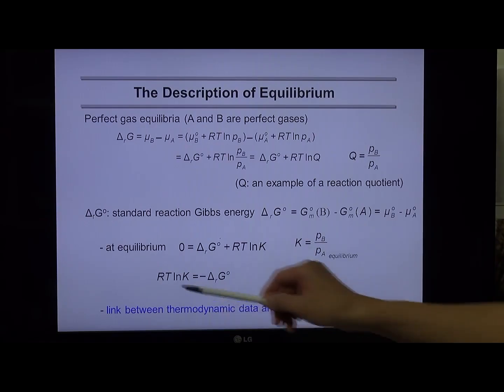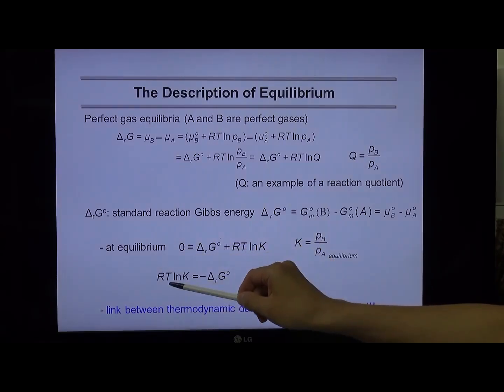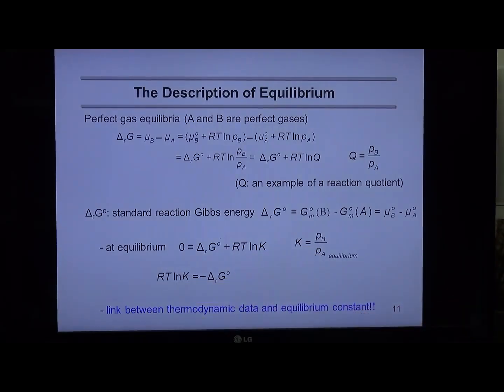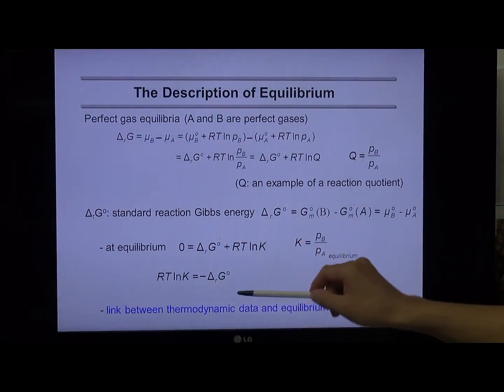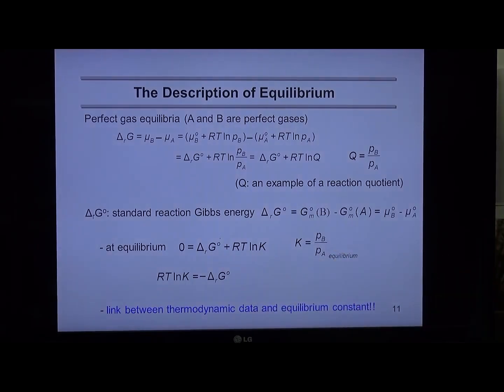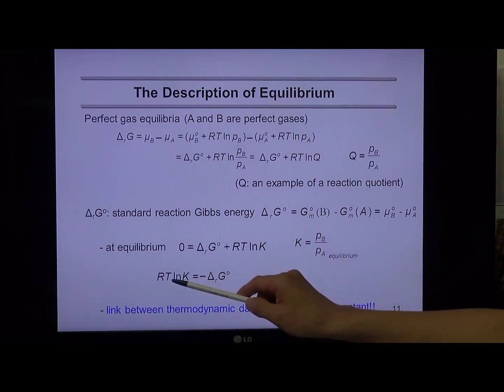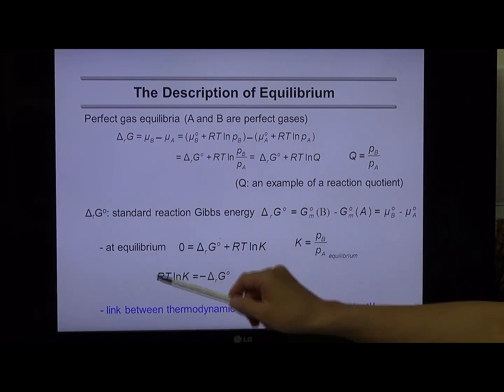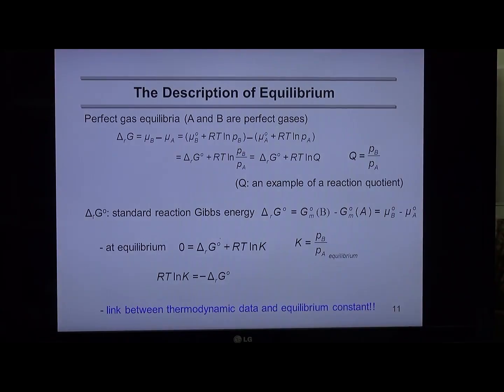R is constant, so K only depends on T. There is no pressure term, no concentration term whatsoever. So only temperature change can change the equilibrium constant. That's a very important fact. You have to remember, only temperature can change the equilibrium constant.